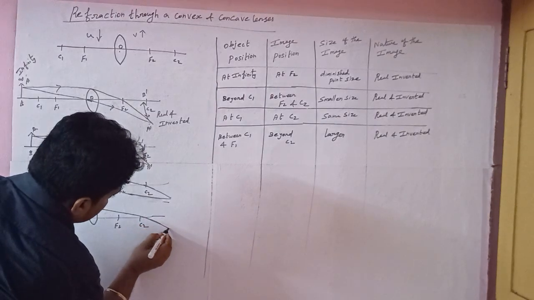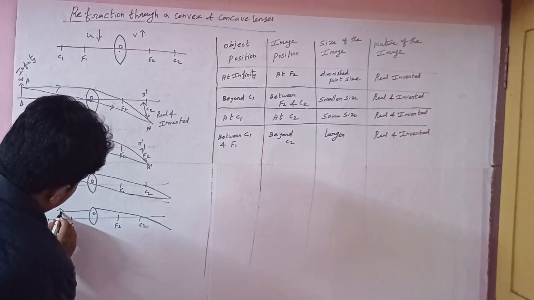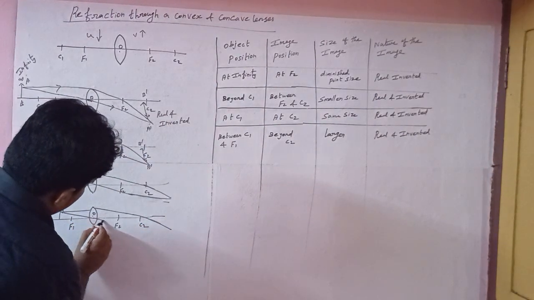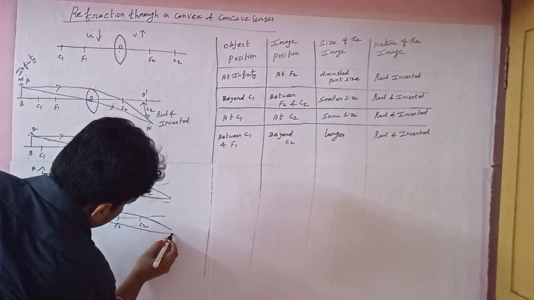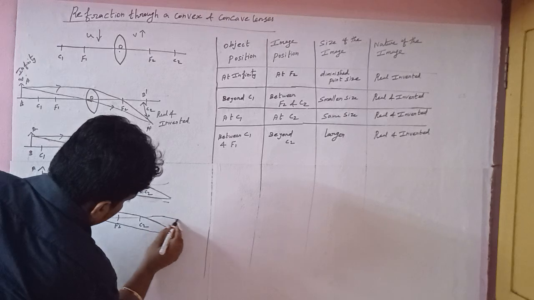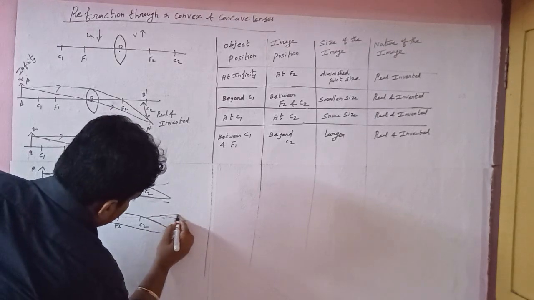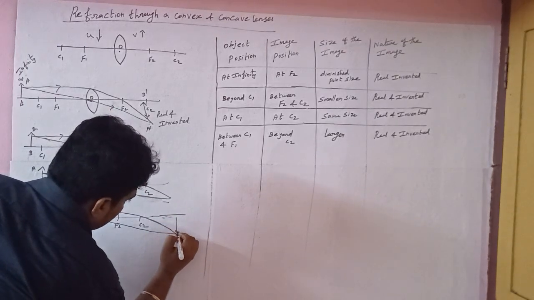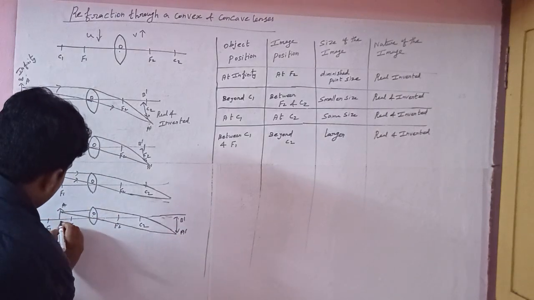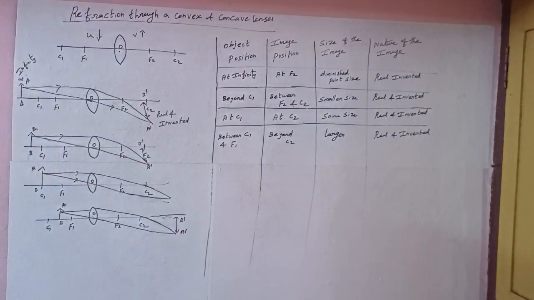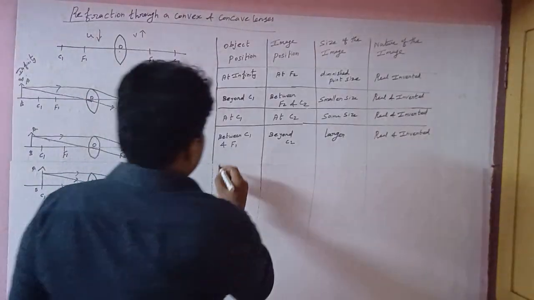And another light ray will travel through the optic center without deviation. So we will get the image B dash A dash. AB is the object. So this is the condition.